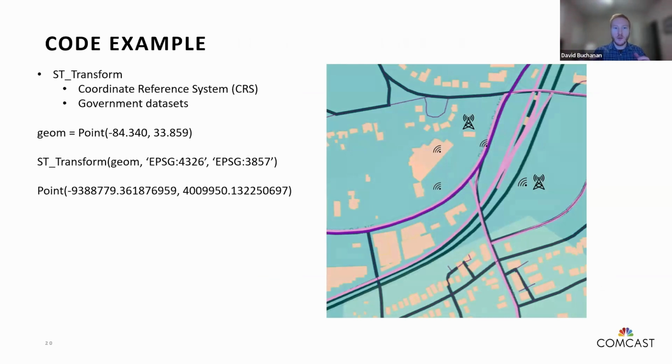But perhaps for your analysis you just need latitude and longitude, which is commonly used, like EPSG 4326. Or maybe you need something for display or meter accuracy, so you swap that to 3857. You can see here we're utilizing that to go from lat long to this coordinate grid system.